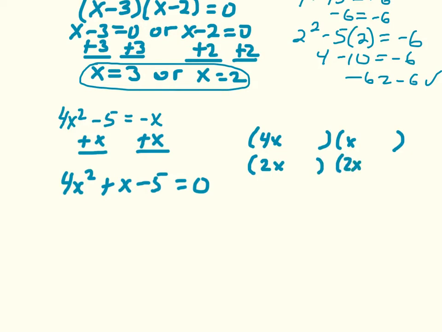What I'm pretty sure about is I'm not going to have anything with a 5 showing up with either of these combinations. If I put a 1 here and a 5 there, that's not going to work. So I think it's going to be something with the 4x and the x.